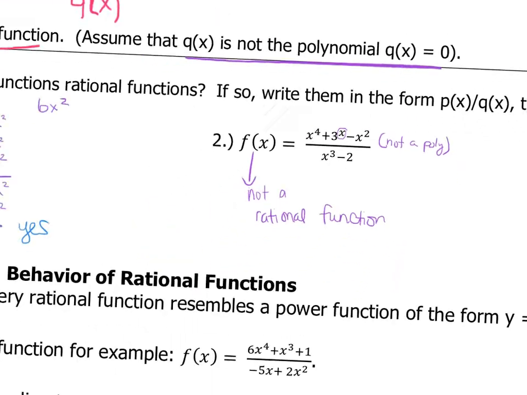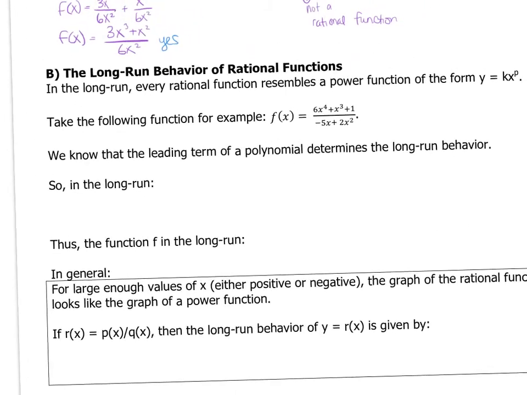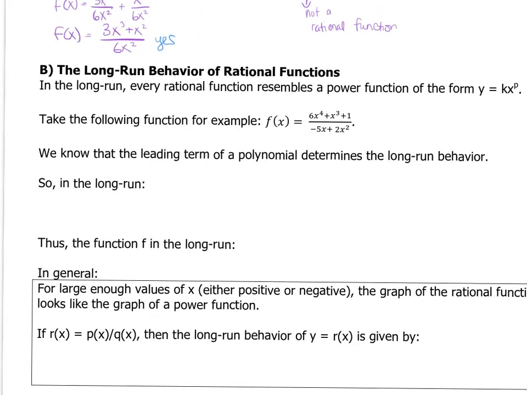Our main focus today, similar to how we looked at the long run of polynomials, we are going to look at the long run of rational functions. And actually, it relates very much to the long run of polynomials. Basically, what's going to happen is that in the long run, every rational function is going to resemble a power function.